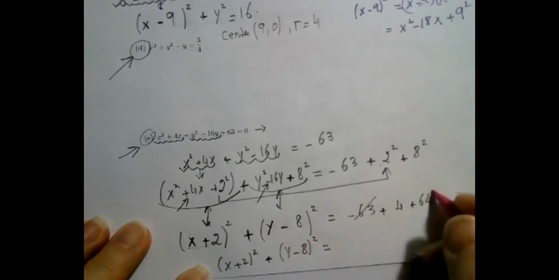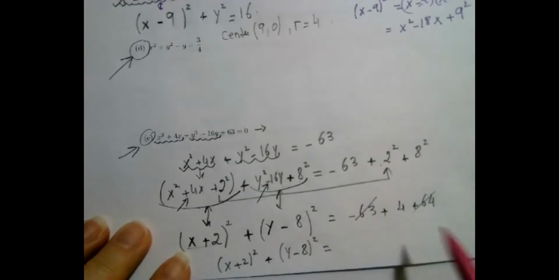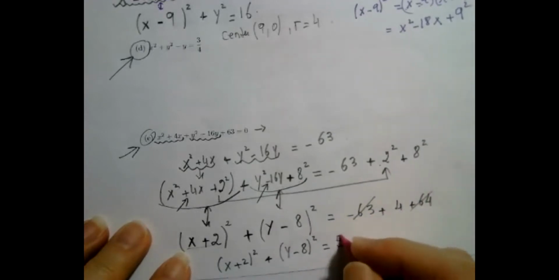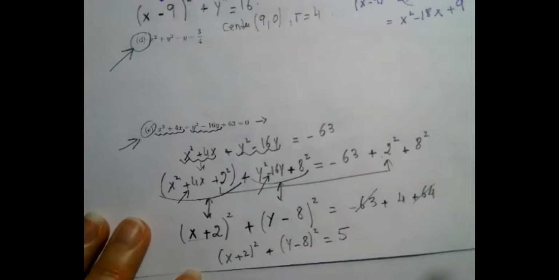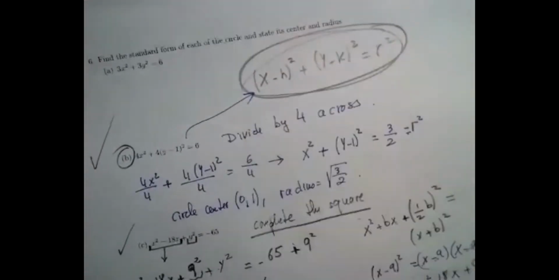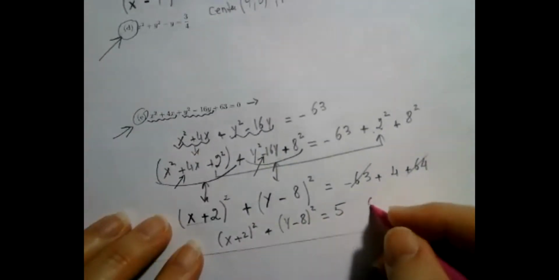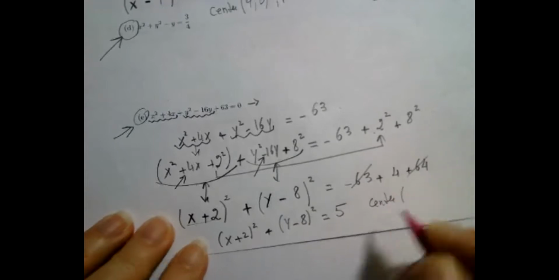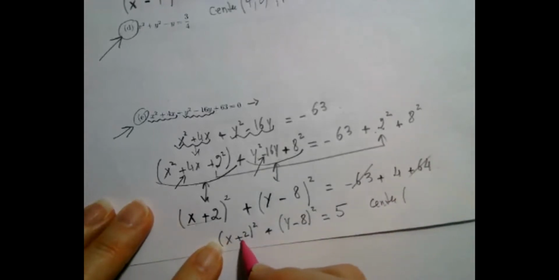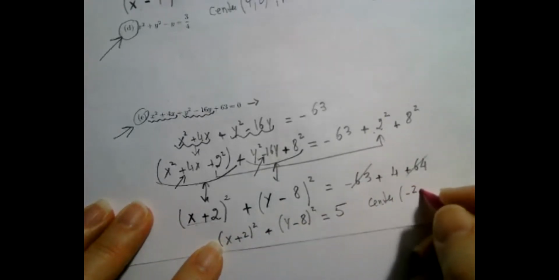Equal, minus 63 plus 64, that's going to give you a 1. 1 plus 4, this is equal to 5. And now I have the standard form of the circle. That's what we call the standard form of a circle. And here, the center is h, here is a minus 2.